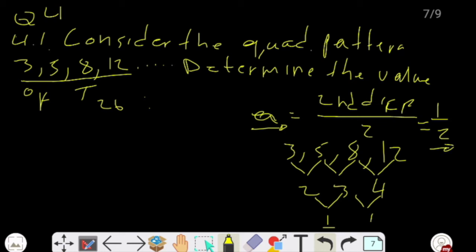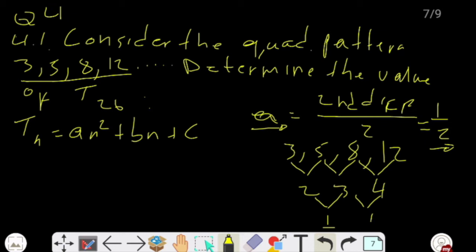Now that we got that out of the way, let's move to our formula, right? They are asking us to determine the value of T26. Our formula for a quadratic sequence is an squared plus bn plus c.